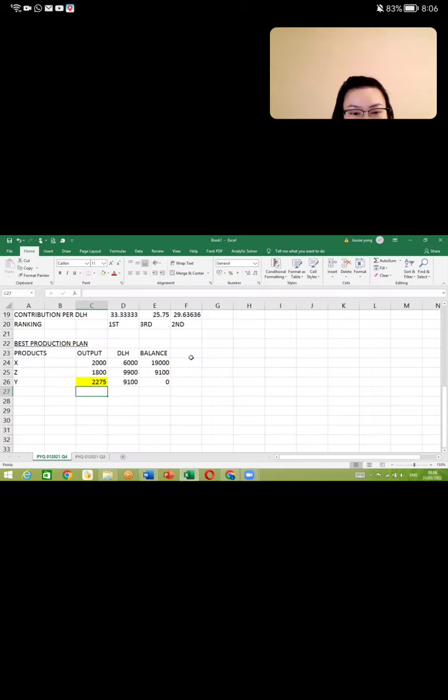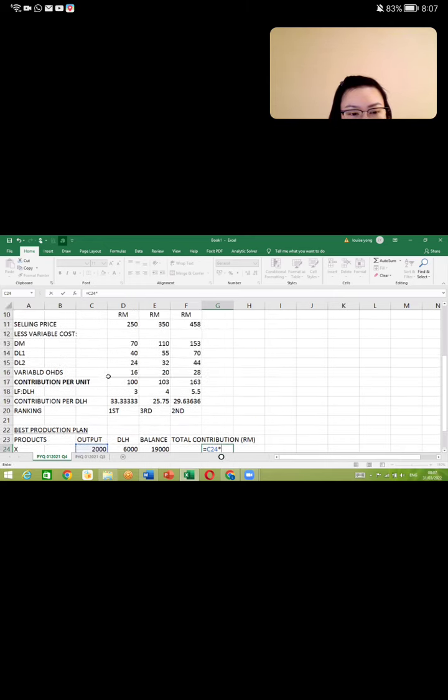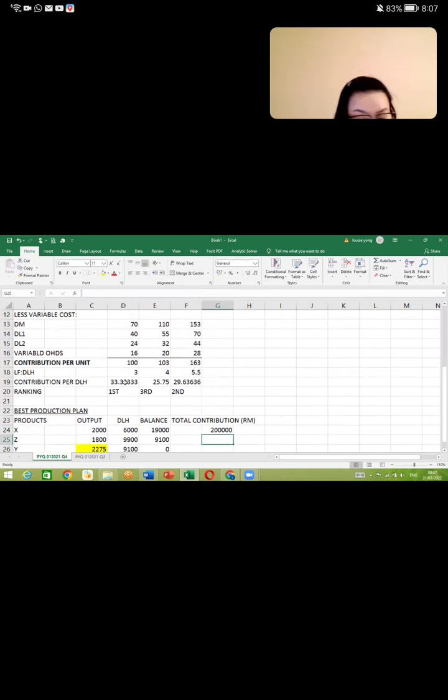你可以 continue 这边啦。So calculate what will be your total contribution 啦，也是可以啊。So use your output 2000. So multiply. So what will be your contribution per unit? 看回去，contribution per unit，不是 contribution per direct labor hour. 很多学生还是 mistake 啊，这个 contribution per unit, 100. So 200,000.